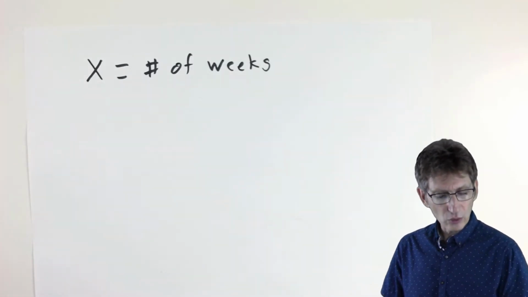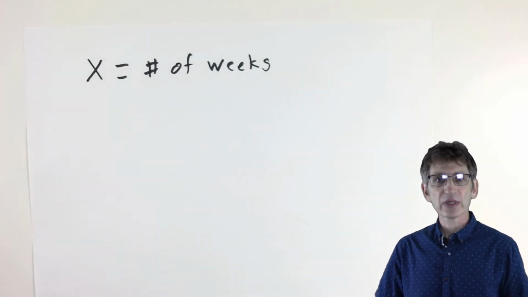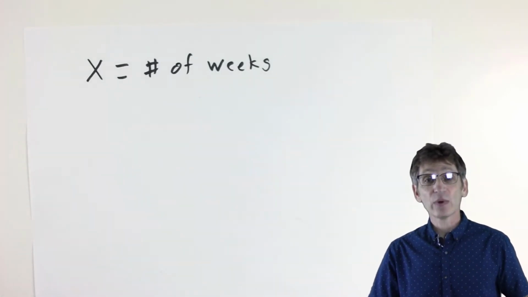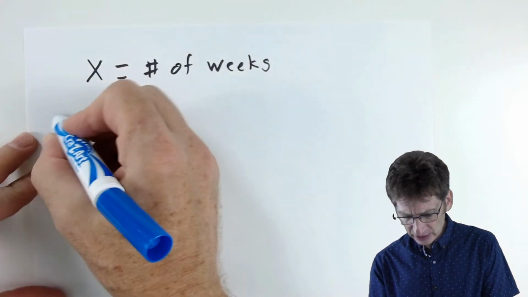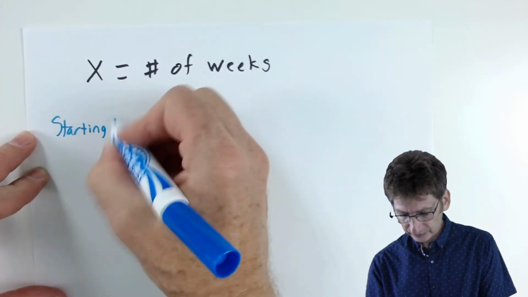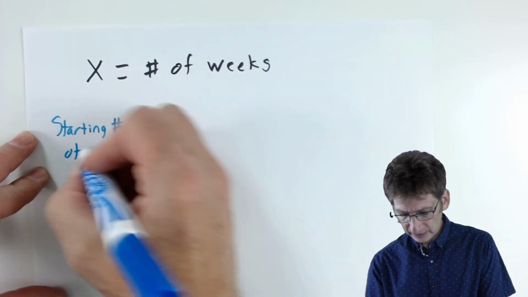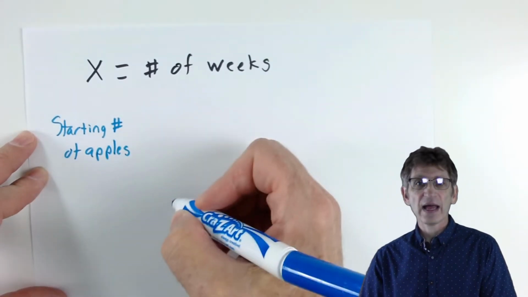Before we write an equation, writing up a verbal model can be pretty useful so we can see what the equation will look like. So I'm beginning with this starting number of apples. What happened to my starting number of apples?